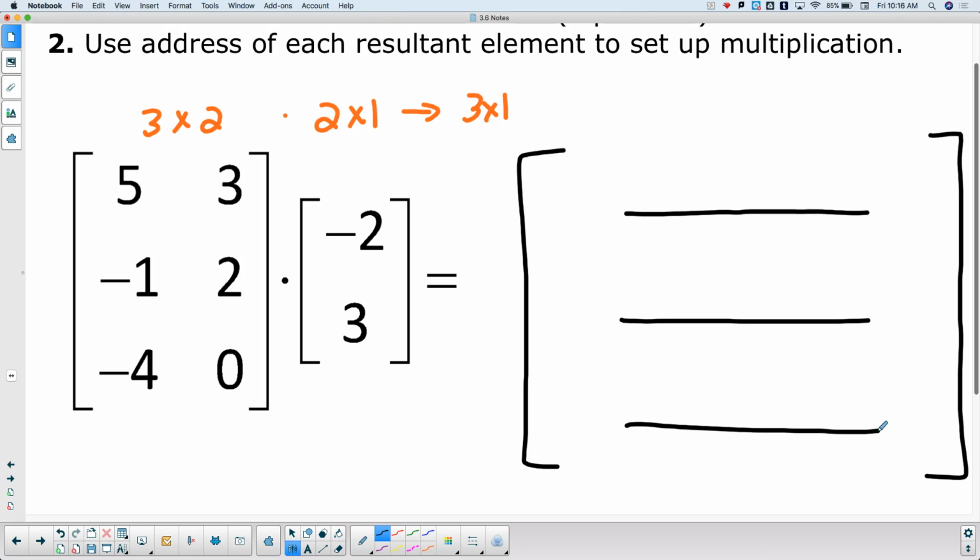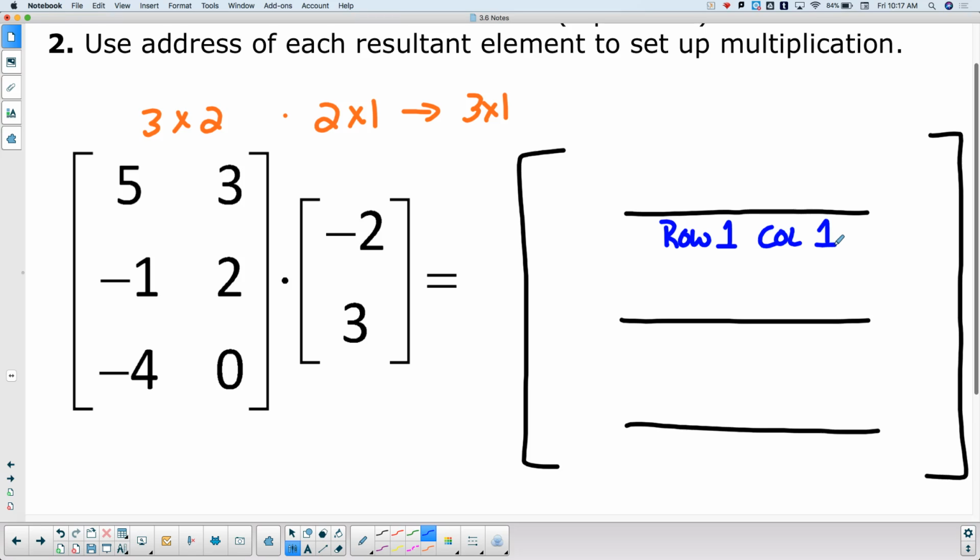How we go about doing that is we use the address. Yesterday we talked about how each element has a specific address. The element here in my resultant matrix is row 1, column 1.